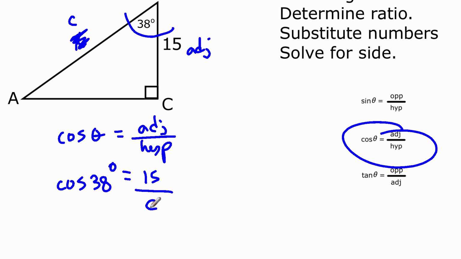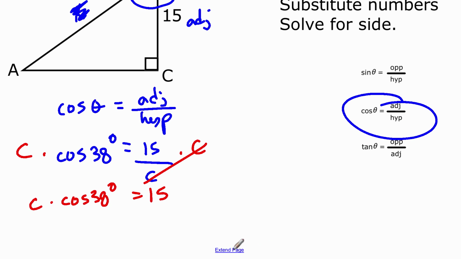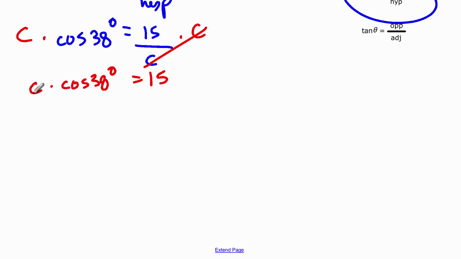Now in this case, c is on the bottom and I have to solve for that. So to solve for c, I need to get it up top. Easiest way to do that is to multiply both sides by c. When you multiply both sides by c, these two c's cancel, so I'm left with the equation c times the cos of 38 degrees is equal to 15. Now I want to get c by itself, so I'm going to divide both sides by cos 38.